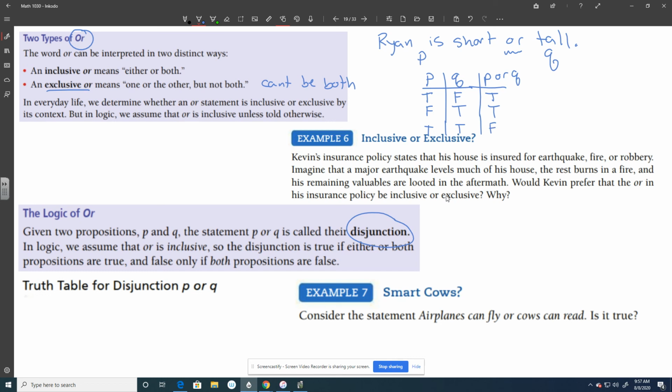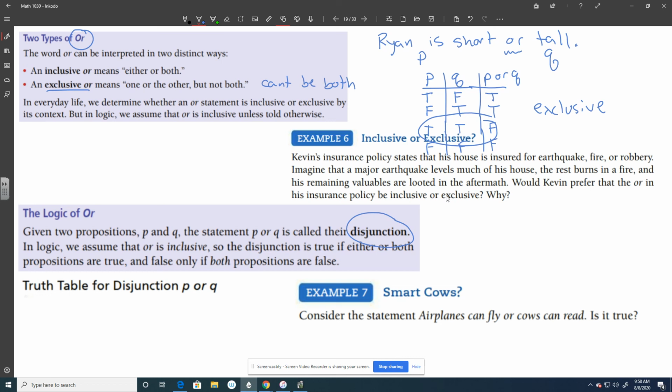So that's false. And if they're both false, what if Ryan is not tall and he's not short? Well, that's not a possibility either. So that one's false. So in this case, this is exclusive, because it only works when one of them is true. It doesn't work when both of them are true. That's not an option, okay?